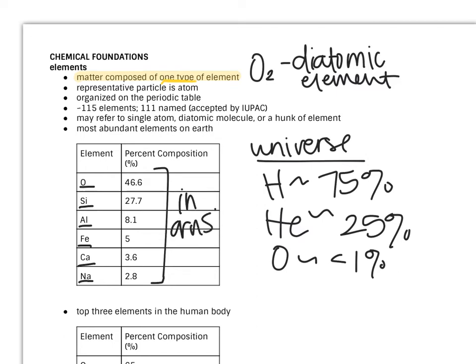So this is literally what the earth is made of. And since we know life on earth is a lot different than the entire universe, it makes sense that these elements also make up our earth.